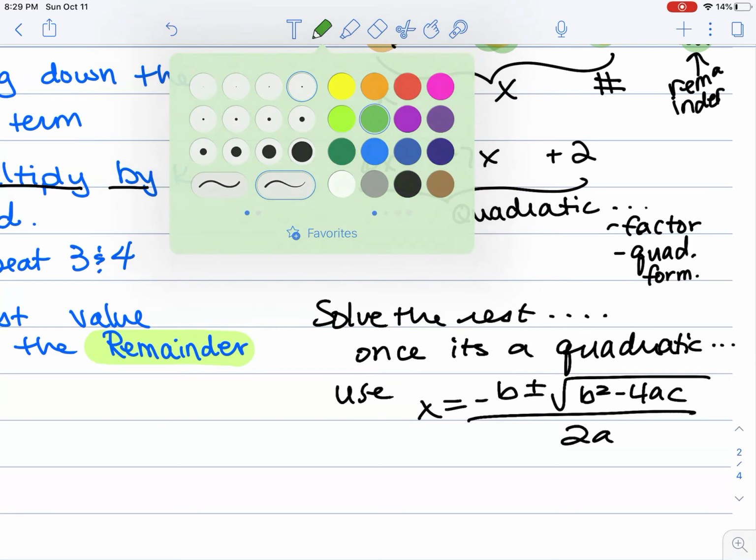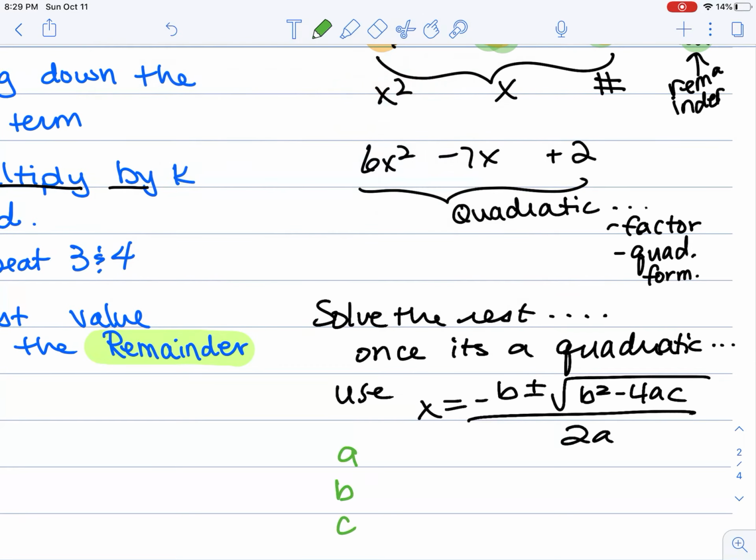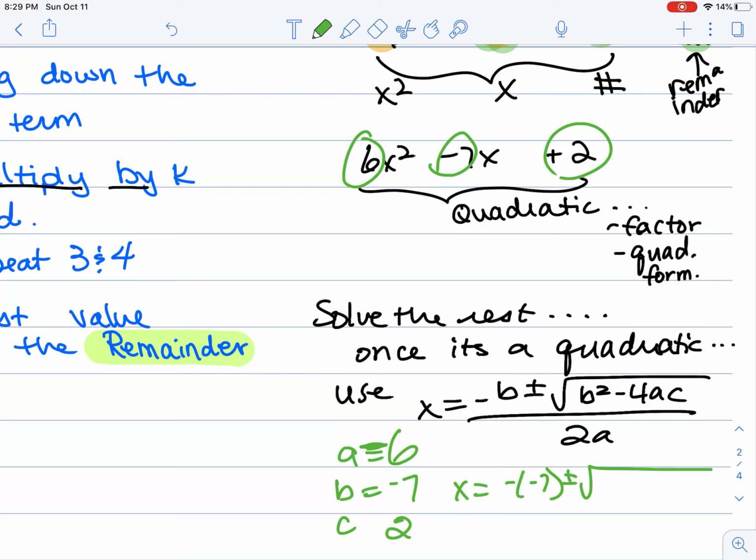So we're just going to finish this up. We get our values of a, b, and c are 6, negative 7, and 2. And we get x equals negative b plus or minus the square root of b squared minus 4 times a times c all over 2 times a.